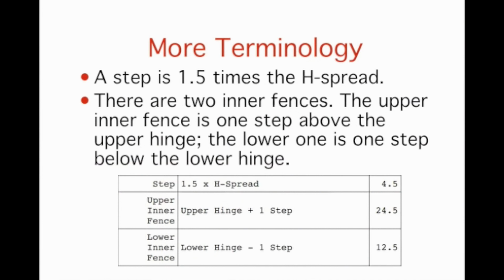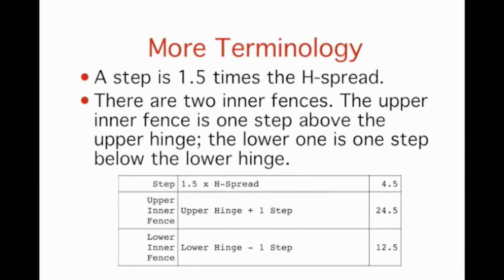Here we have three more important terms. A step is 1.5 times the H-spread. There are two inner fences. The upper inner fence is one step above the upper hinge. The lower inner fence is one step below the lower hinge. For the women, a step is 1.5 times the H-spread of 3 and equals 4.5.